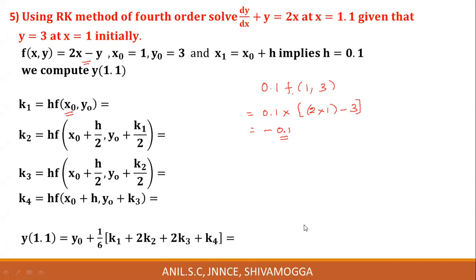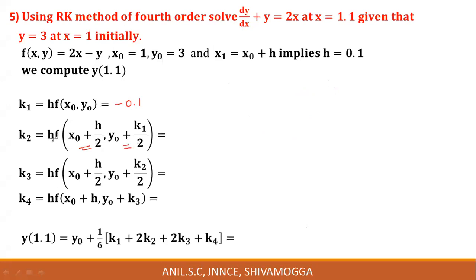Next, we find k2. k1 is minus 0.1. Now k2. k2 is given by h into f of x naught plus h by 2, y naught plus k1 by 2.